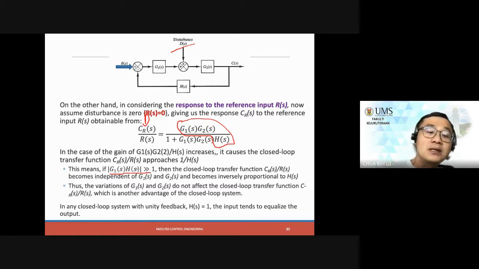So G1 multiplied by H much larger than 1, right?